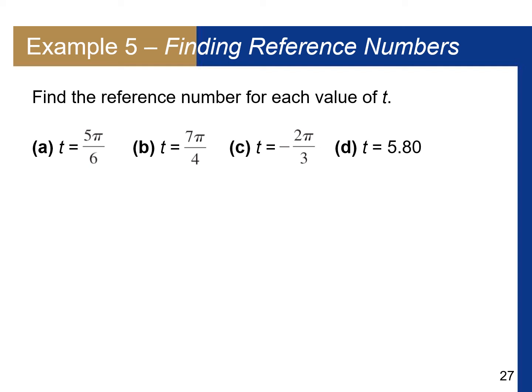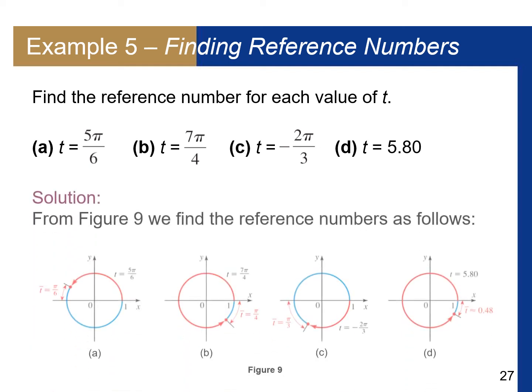Find the reference number for each value of t. Let's take a look at these examples. Here I have 5 pi over 6. So again, once I get here, what is the shortest distance to the x-axis? Let me find a different color here. Let's use purple.